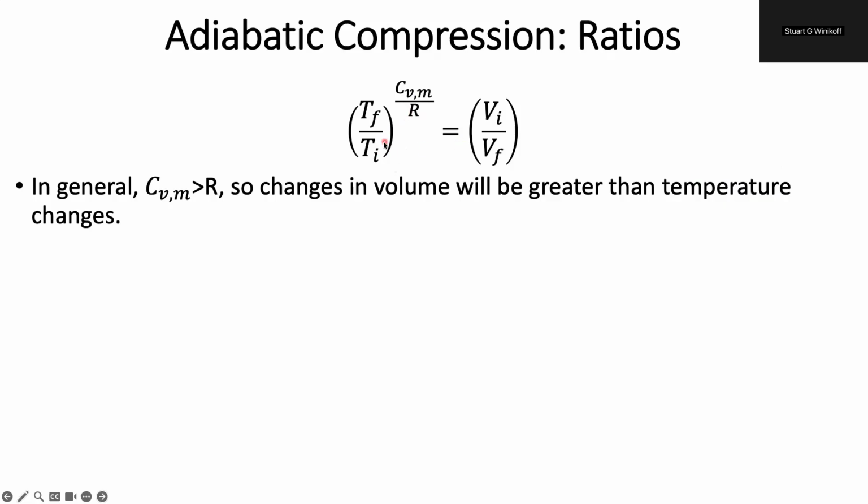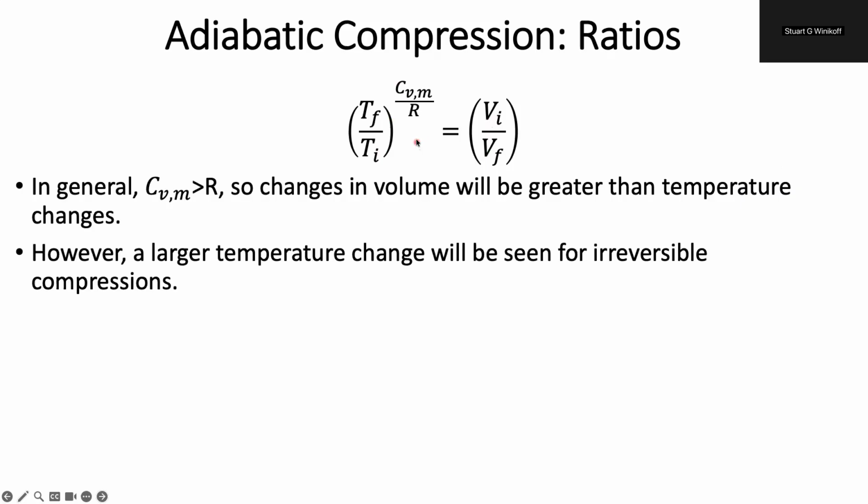So as a relationship, we should always see that the temperature change is going to also be greater than the volume change. Because again, imagine if I have the temperature essentially doubling, we'd expect the volume to more than halve because it will be magnified through this heat capacity term.